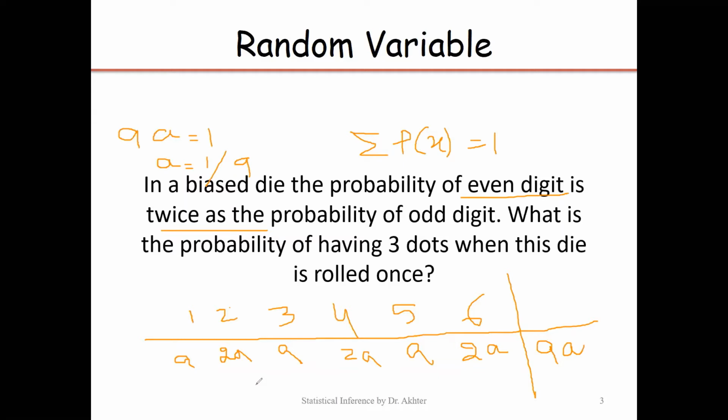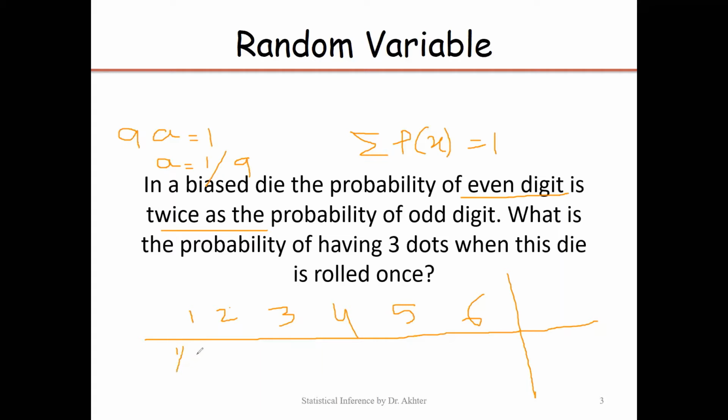Hence, we can summarize this table as all these A's become 1 upon 9. Now I can write down it is 1 upon 9.